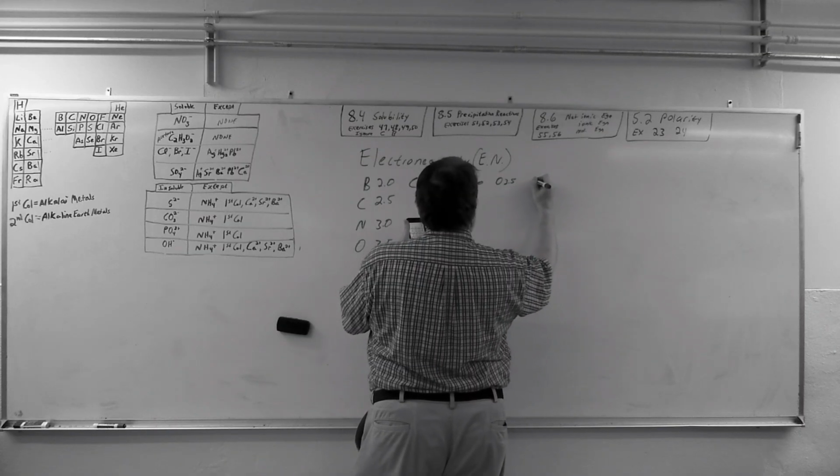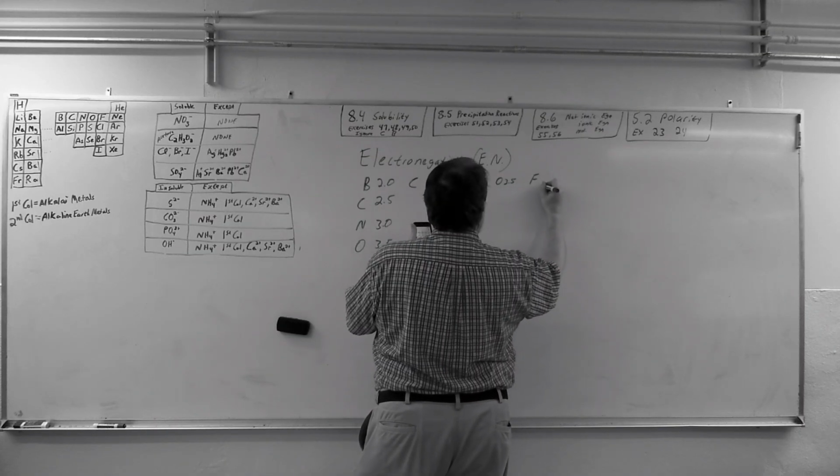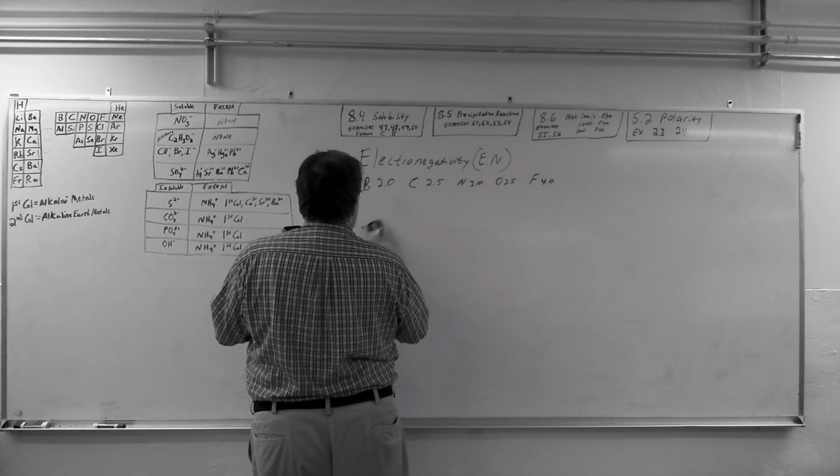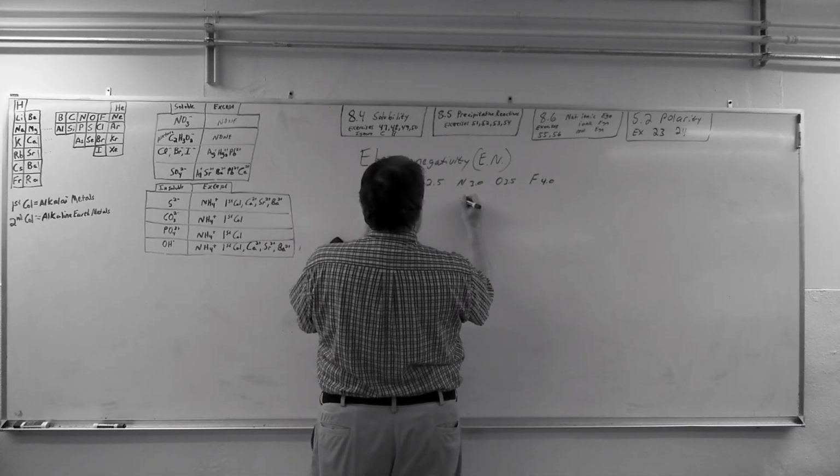Oxygen is 3.5, fluorine is 4.0. What else should I put here?